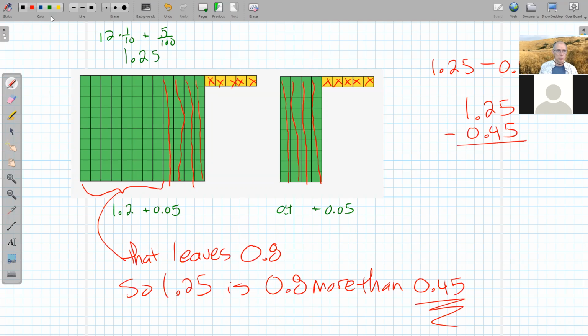At first, the subtraction goes pretty well: 5 hundredths minus 5 hundredths is 0 hundredths. But then we run into a problem where we can't take 2 from 4 and we have to borrow from here to make that 12 tenths. So this right here justifies our borrow.